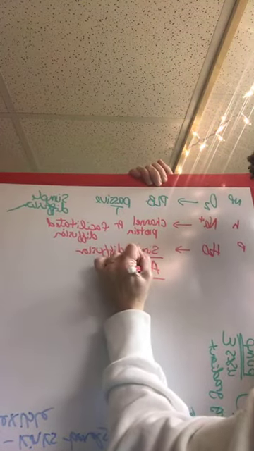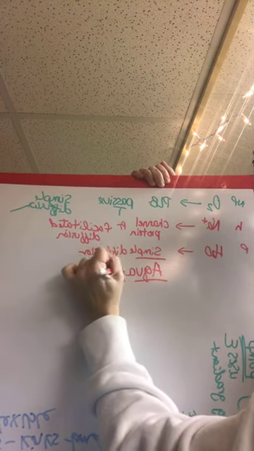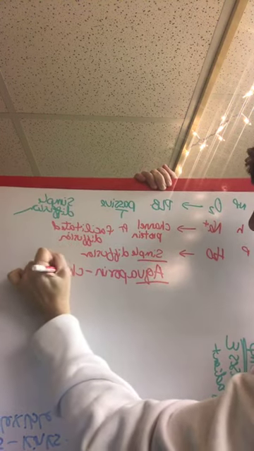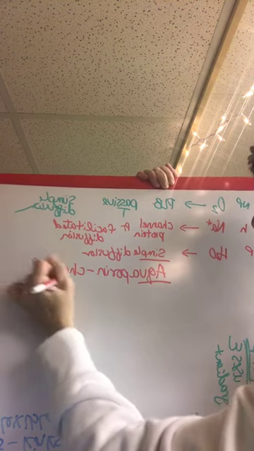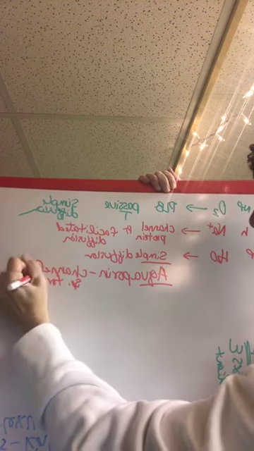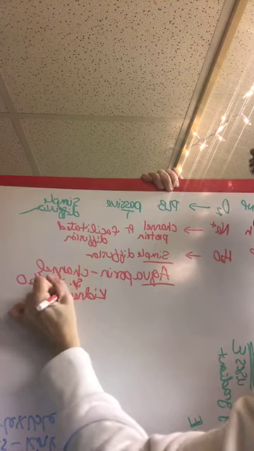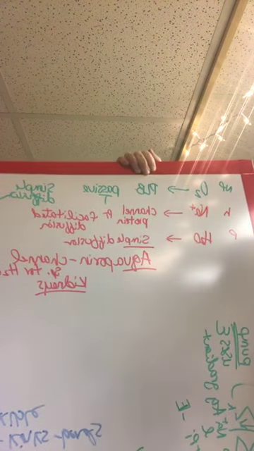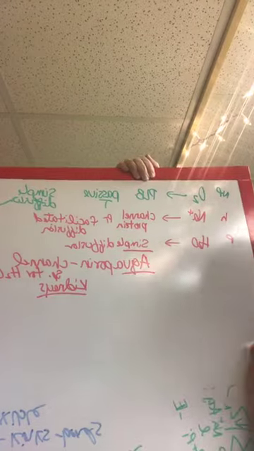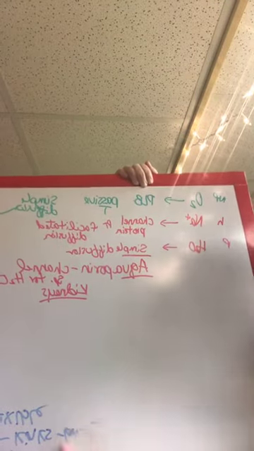The best way to move a lot of water at once is called an aquaporin. And an aquaporin is a channel that is specific for water. Someplace that you would obviously see a lot of aquaporin is in your kidneys, because in your kidneys, you've got to move a lot of water in a short amount of time.